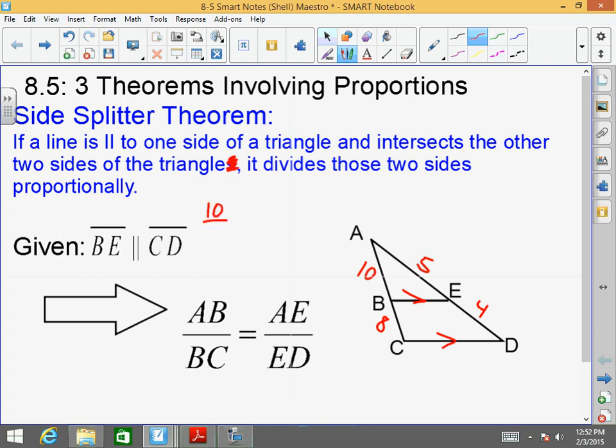I could say 10 to 8 equals 5 to 4. Or I could say 10 to 5 equals 8 to 4. So I could go large to small from the same side to large to small from the other side, or large to large from the opposite sides to small to small from the opposite sides.